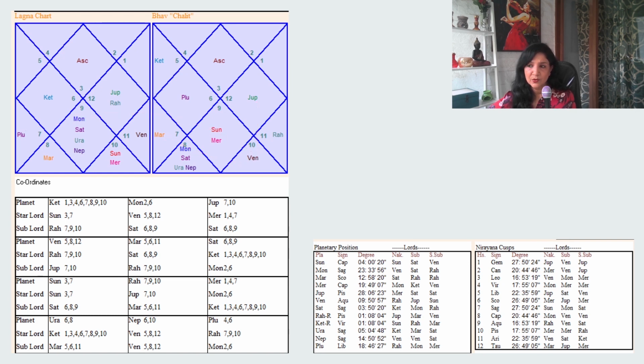See, there are many ways to check the combinations, but since I am discussing KP astrology, let's stick to KP astrology only. Here we see first house cusp sublord is Venus, and Venus gives 5, 8, 9, 10, complete combination. Then come to 5th house, Saturn.